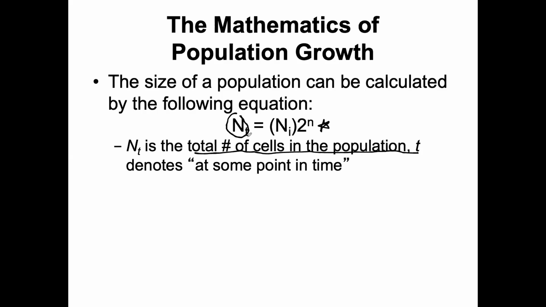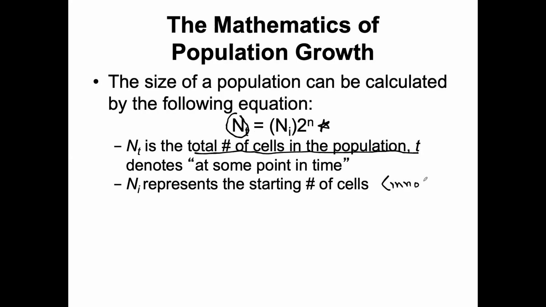That could be days, minutes, or hours. And then N sub i is the inoculum, that's how many cells you started with, and that would be a known number. And then 2 to the n is the number of generations.